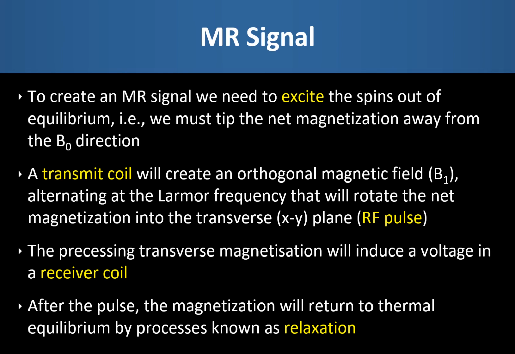The B1 field rotates the net magnetization into the transverse plane. The precessing and decaying transverse magnetization induces a voltage into the receiver coil, and after we've turned off the B1 pulse, the magnetization will return to thermal equilibrium by processes known as relaxation.